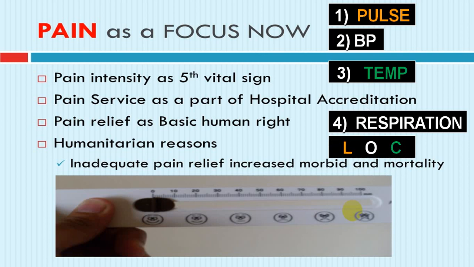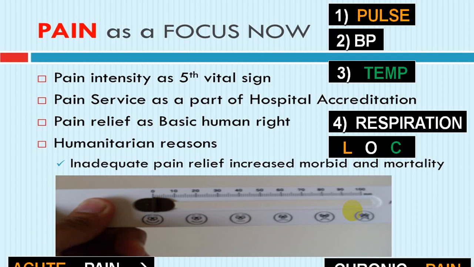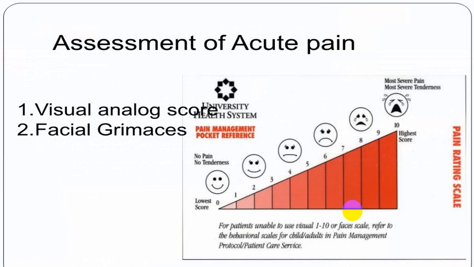They are also included. So pain service is a part of hospital management, and pain relief is a basic human right. On humanitarian grounds, inadequate pain relief increases morbidity and mortality, because acute pain will end up as chronic pain, and then the person will need treatment for a very long period, and there are a lot of side effects once he goes into chronic pain.